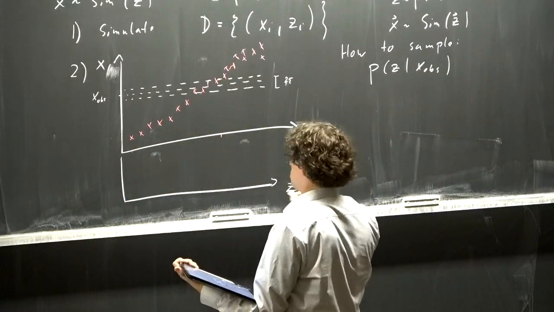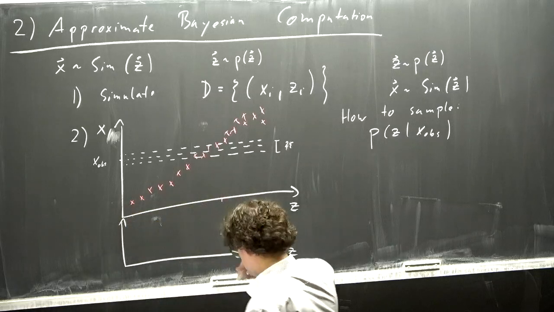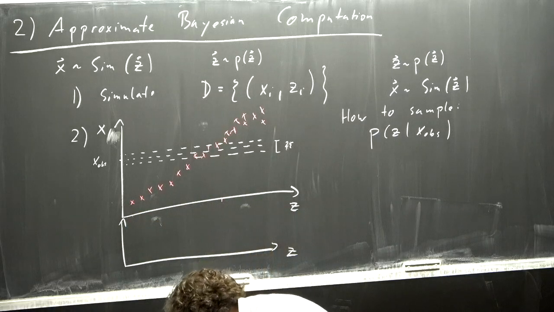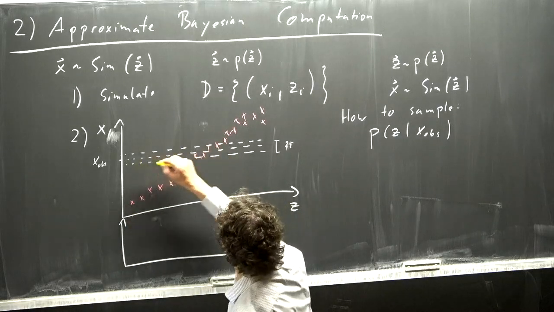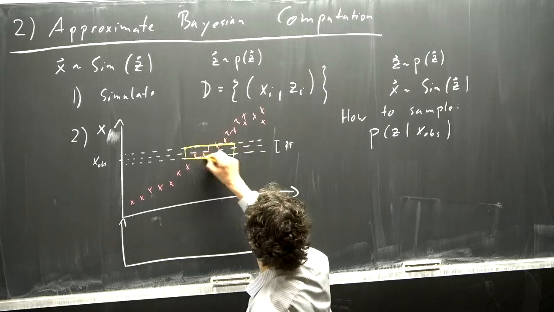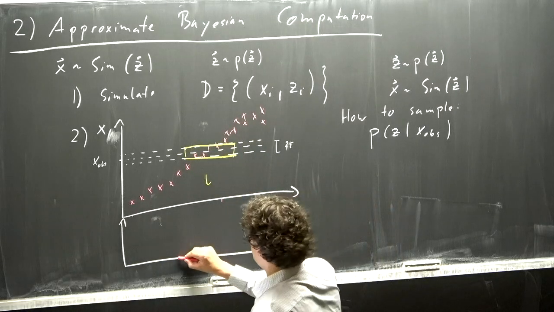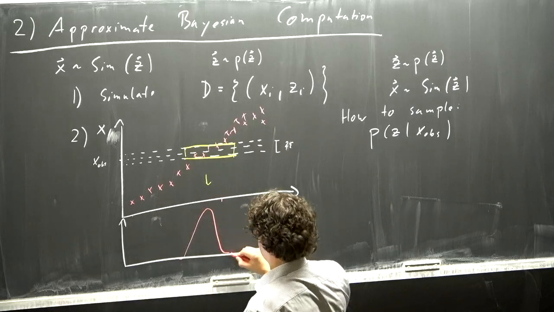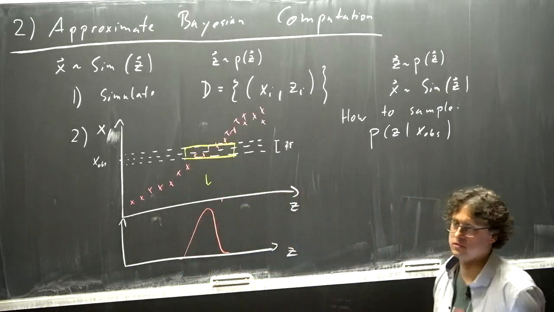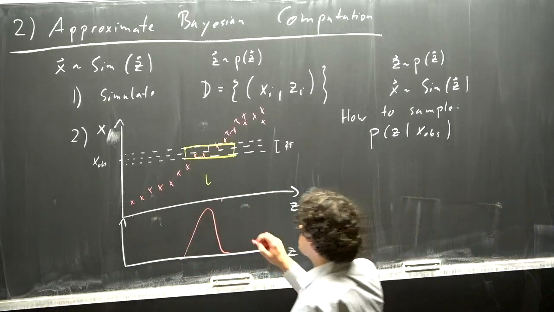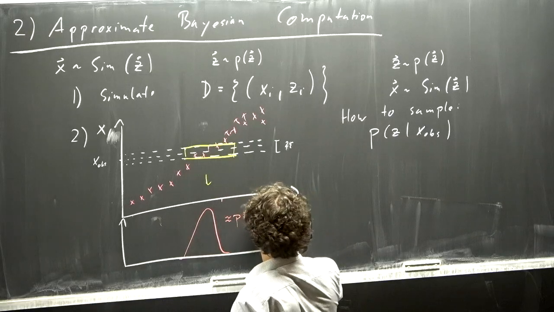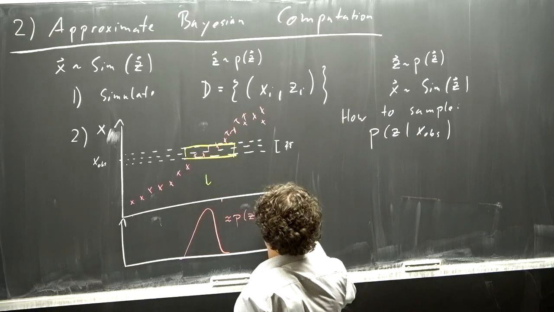So again, a function of Z. We now focus on the samples that we have from this region here, and put them here in a histogram. And if one smooths it nicely, it will look something like this here. And this here will be an approximation to the actual true posterior.